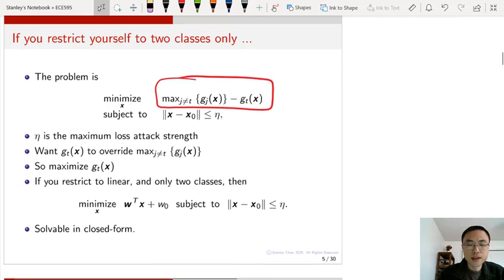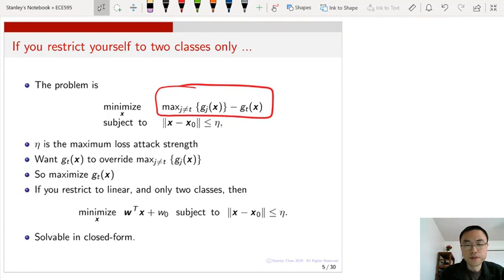Here I can switch the role of these two terms. Once I flip them, you can see that I'm taking the difference between g_t and the max, and I can turn the maximization problem into a minimization problem.